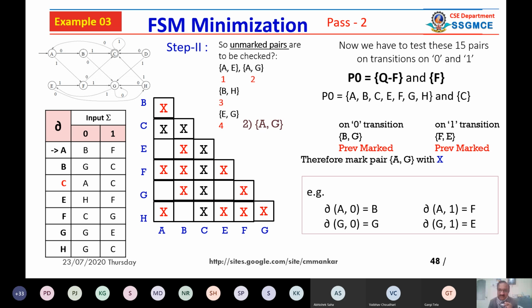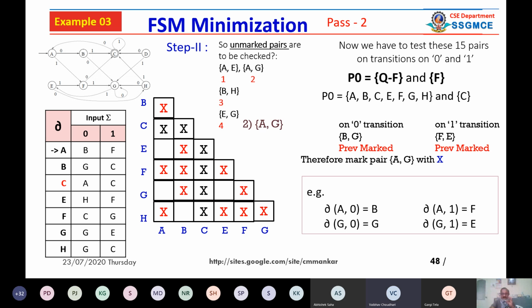In the same way, output FE, you can see here, this square is already red marked, मतलब पास 1 में हमने इसको मार्क करके रखा था.